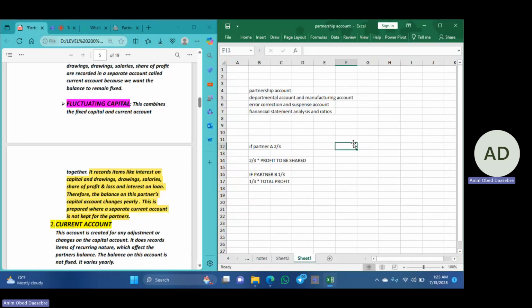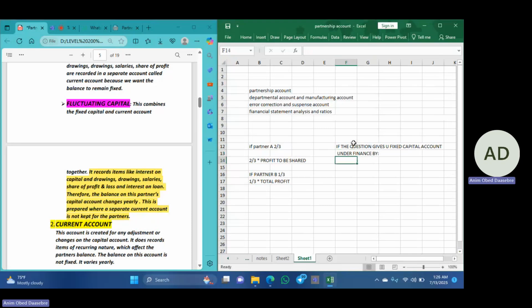If the question gives you a fixed capital account under finance by, you record these things.